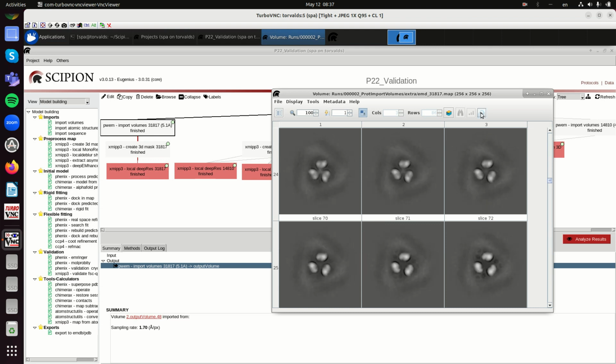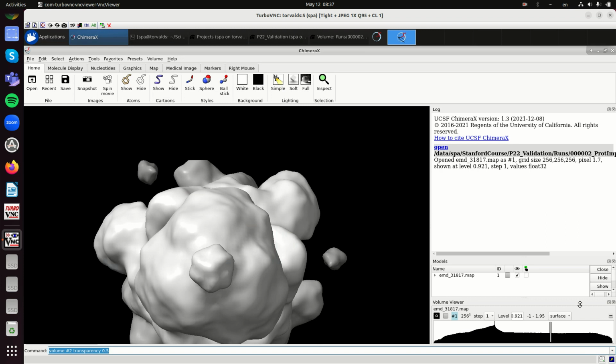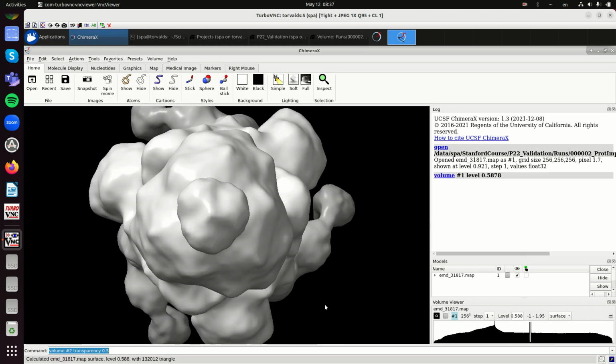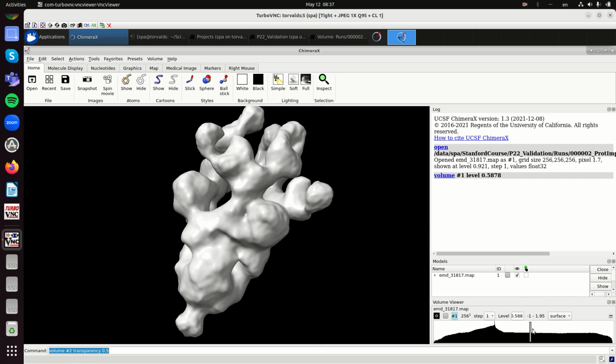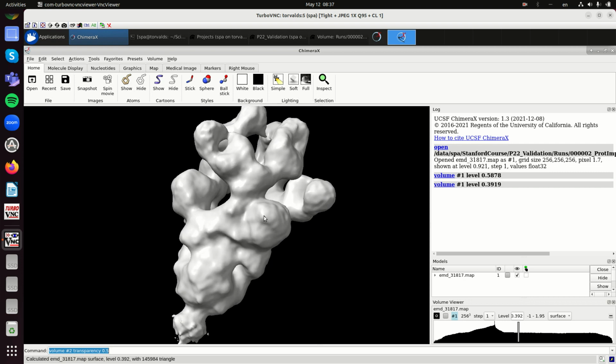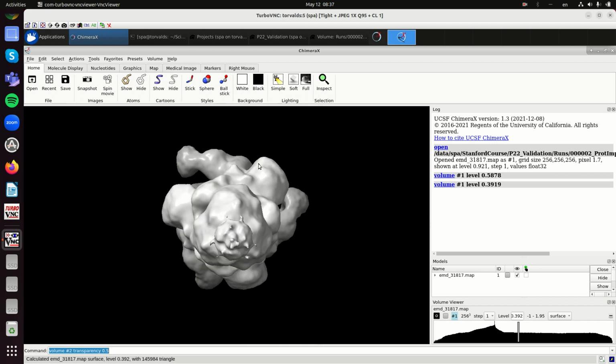Remember, FSC is: you repeat the process twice and you compare the two results. If you are very consistent in your processing, then your two structures will be consistent up to very high resolution. But this doesn't have 5.1 angstrom, even if the FSC declares that.